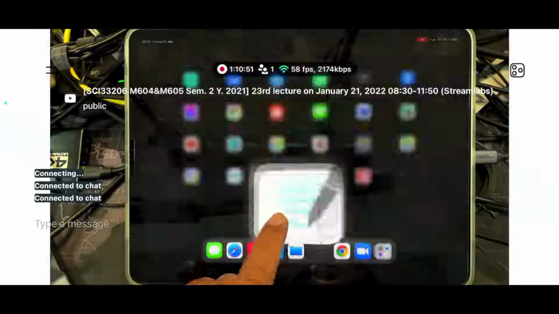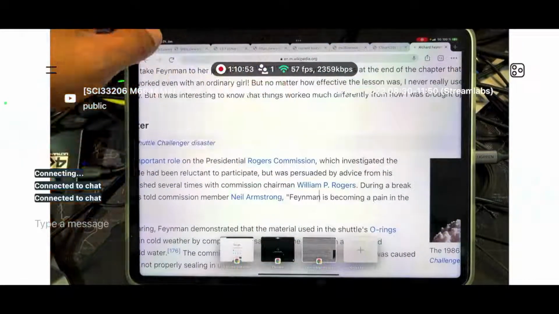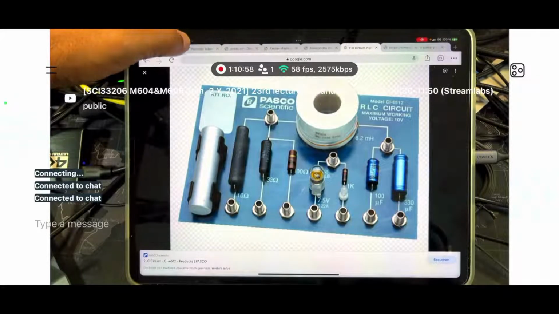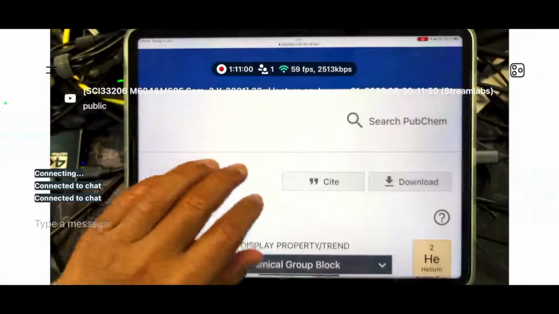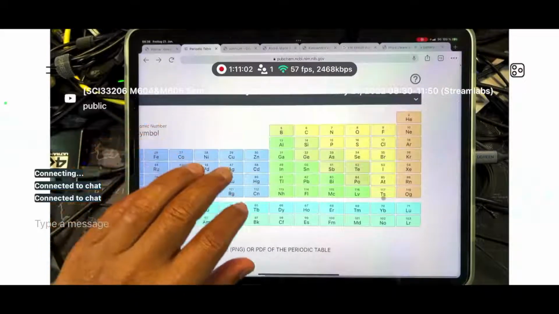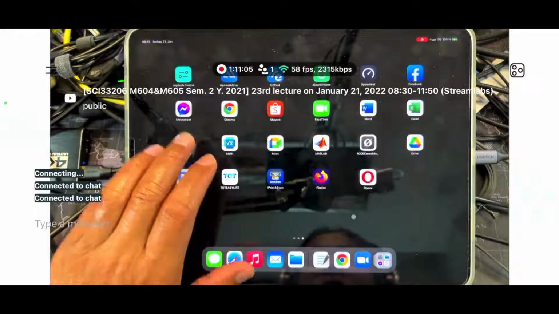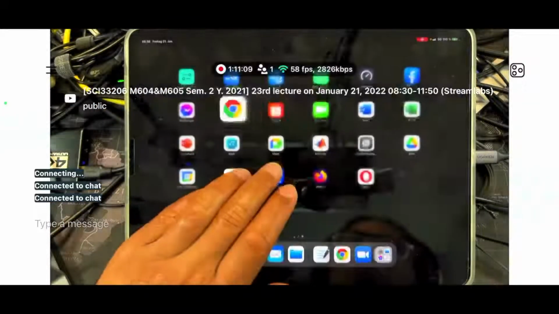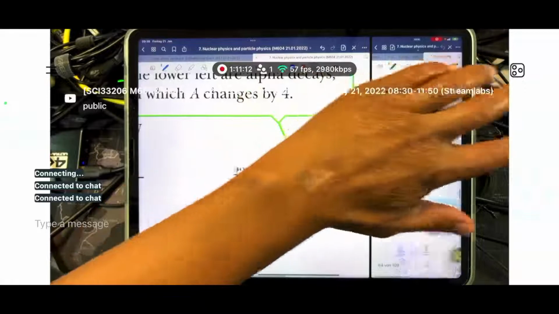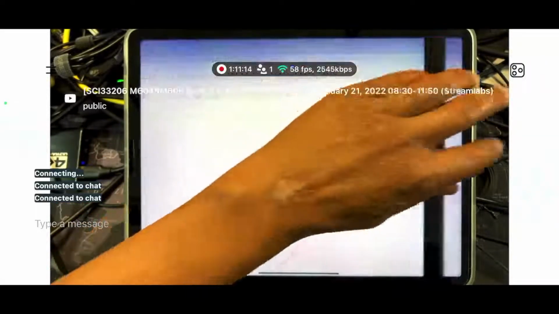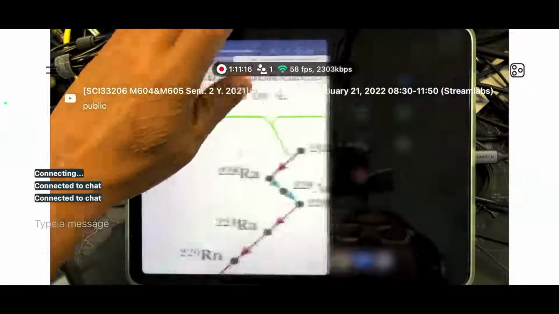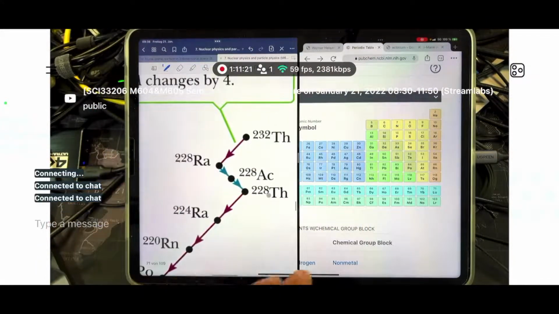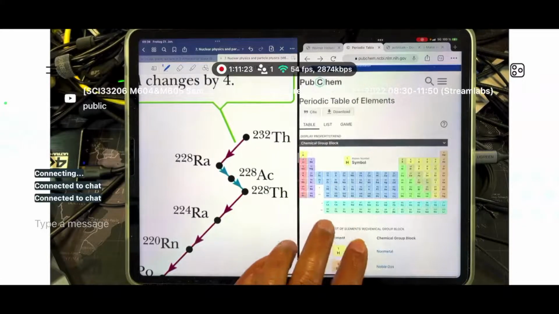Let's go to the periodic table. Radium 228, where is that?